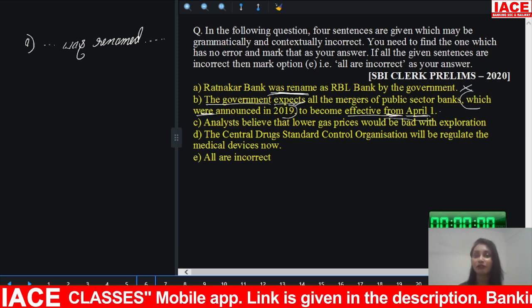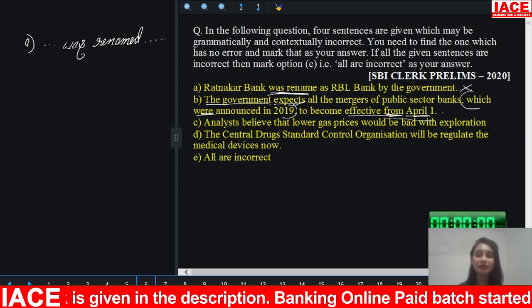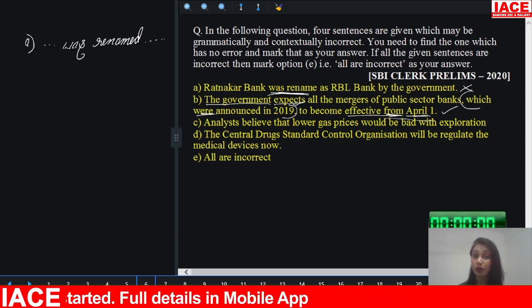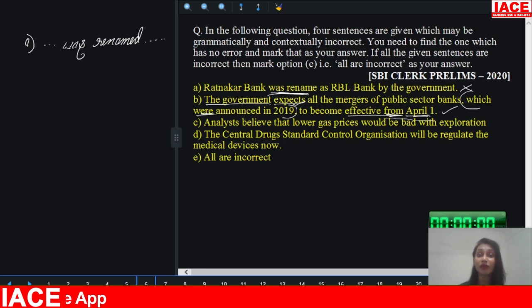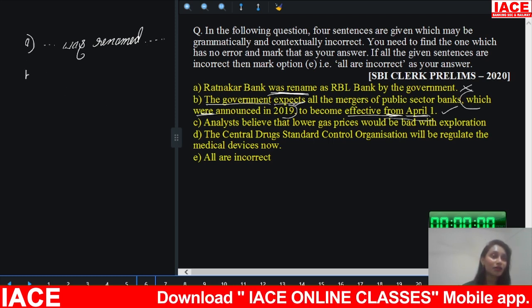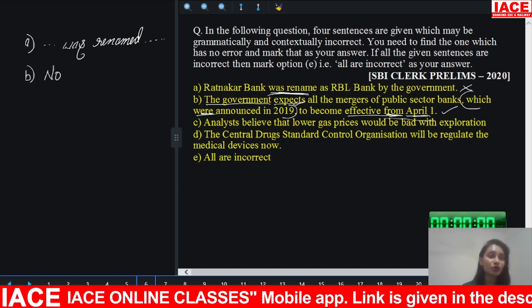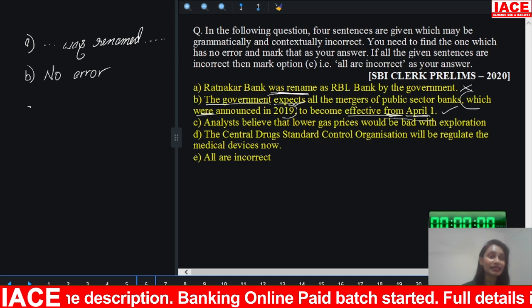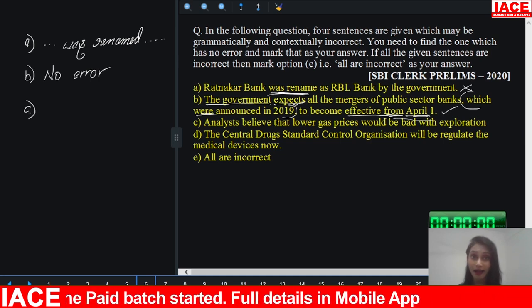So this sentence seems correct grammatically and contextually, which appropriately uses a relative pronoun, which were reflects mergers of public sector banks. Yes. So sentence B is correct. There is no error. So that should be your answer. However, let us see sentences C and D and find out what the error is.